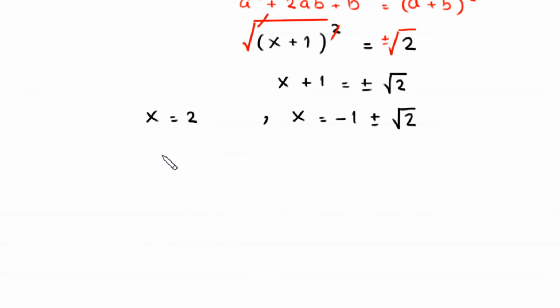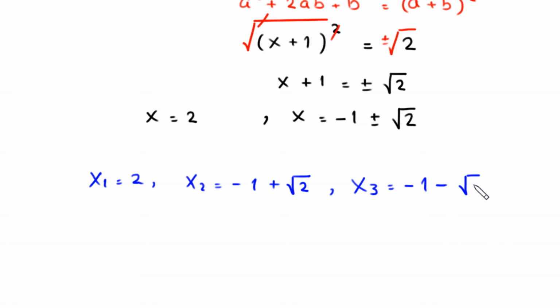So from this equation we get three solutions. x1 is equal to 2, x2 is equal to negative 1 plus root 2, and x3 is equal to negative 1 minus root 2. These are the three solutions for this equation.